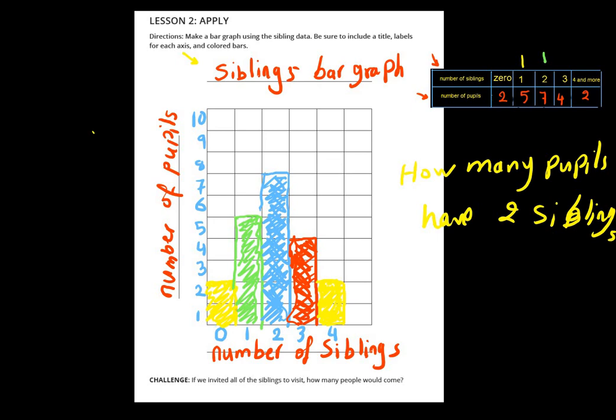Okay, I look at the drawing here. I go up, I count squares 1, 2, 3, 4, 5, 6, 7. So I write 7. So I can answer any question about this graph easily. I just look at the graph and answer this question.